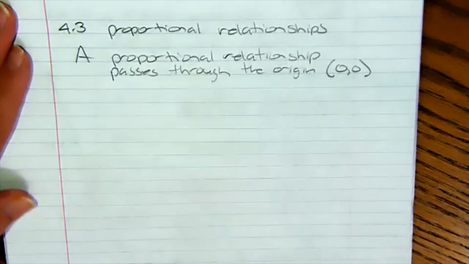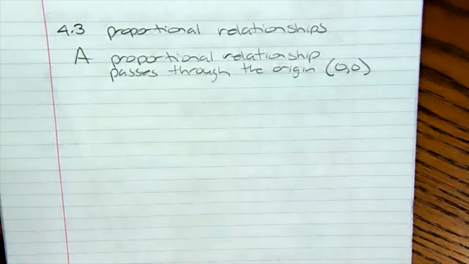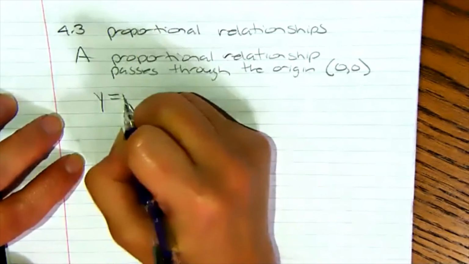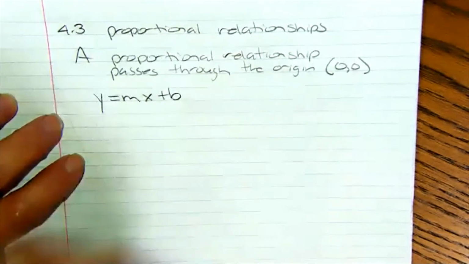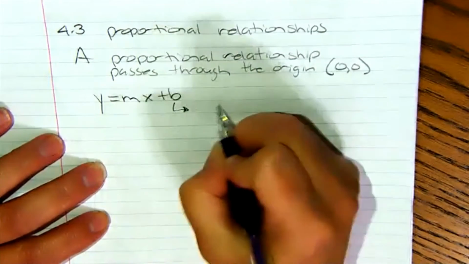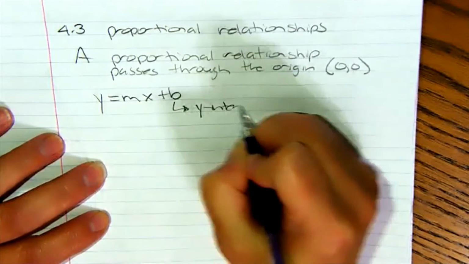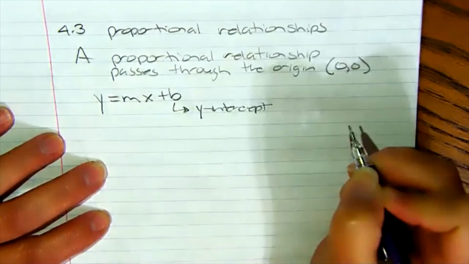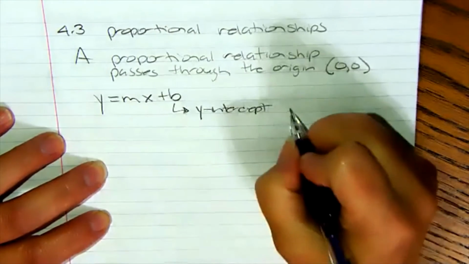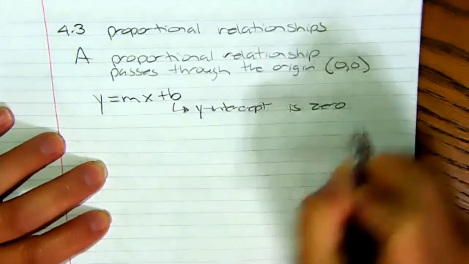So we're still dealing with linear equations, which we know can be written in slope-intercept form. Y equals mx plus b. B is our y-intercept. And in this case, b, the y-intercept, is 0.